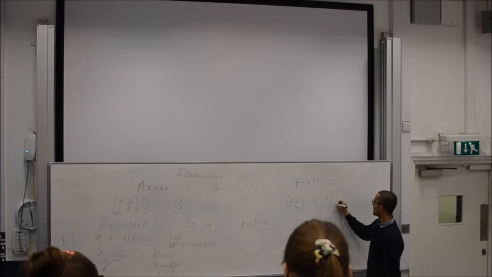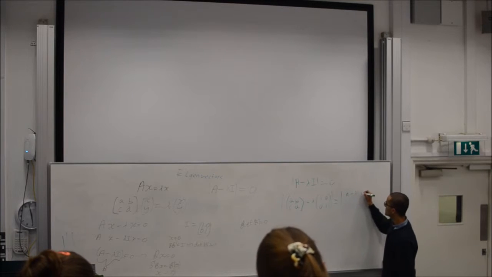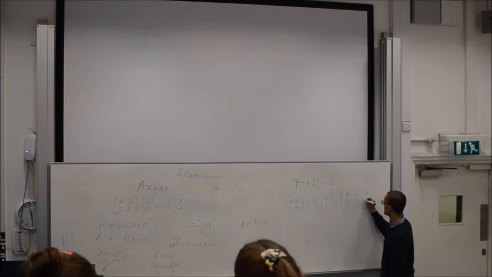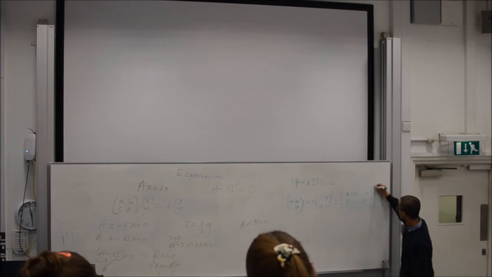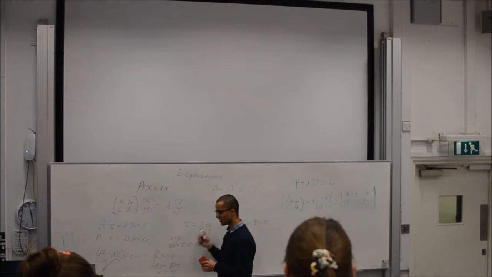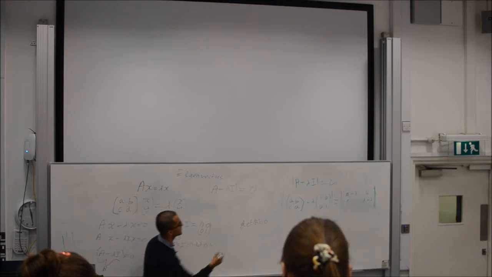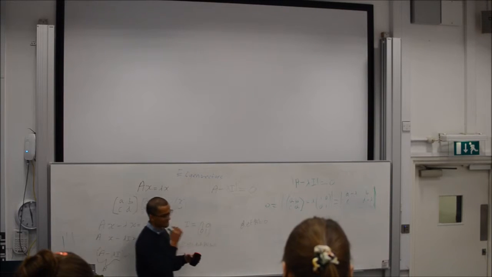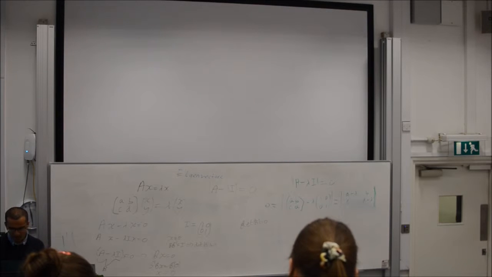And so we just get the determinant of a minus lambda, b, c, d minus lambda. So from this you can work out what your eigenvalues are going to be. This is equal to 0. And so that's the way we're going to work it out. So we go through an example.